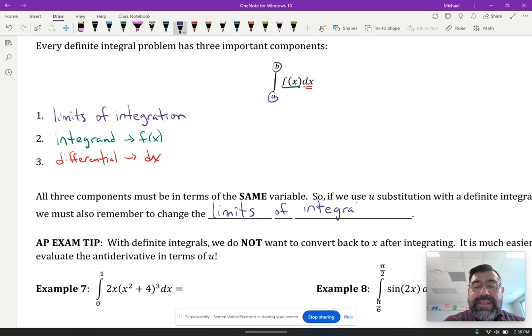It's a pain because I'm going to have to change these numbers. However, the nice thing is I'm not going to have to go back into the world of x's. Once I change everything, I can continue in the world of u variables and not have to go back to x variables.